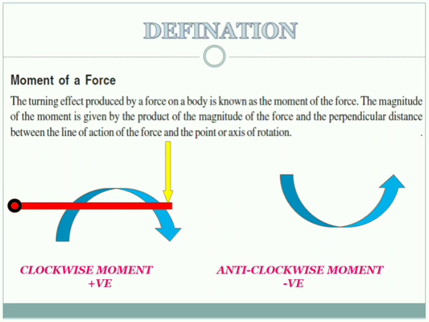Here the perpendicular distance from point O to the point of application of the force is nothing but the length of the beam, which we have taken as L. So moment in this case will be F into L, and as the effect is clockwise, it will be with a positive sign.